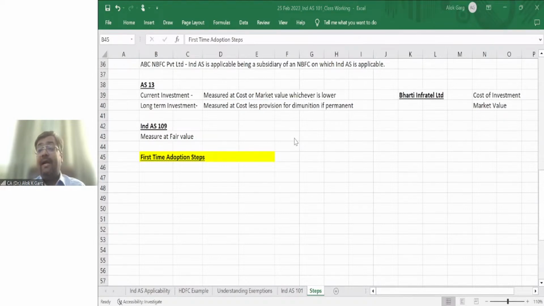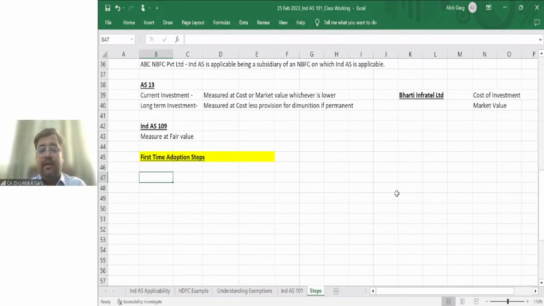Yes, I have practically applied this standard and I have seen the transition to Ind AS for 14 to 15 companies, right? And I'll share my practical experience as well, right? So whatever examples I'm taking, these are all from practical experience. First time adoption steps.